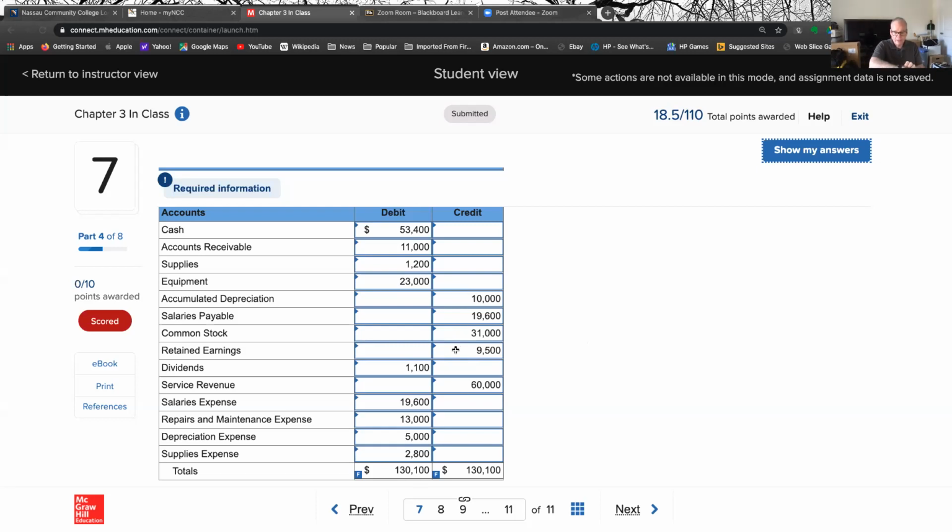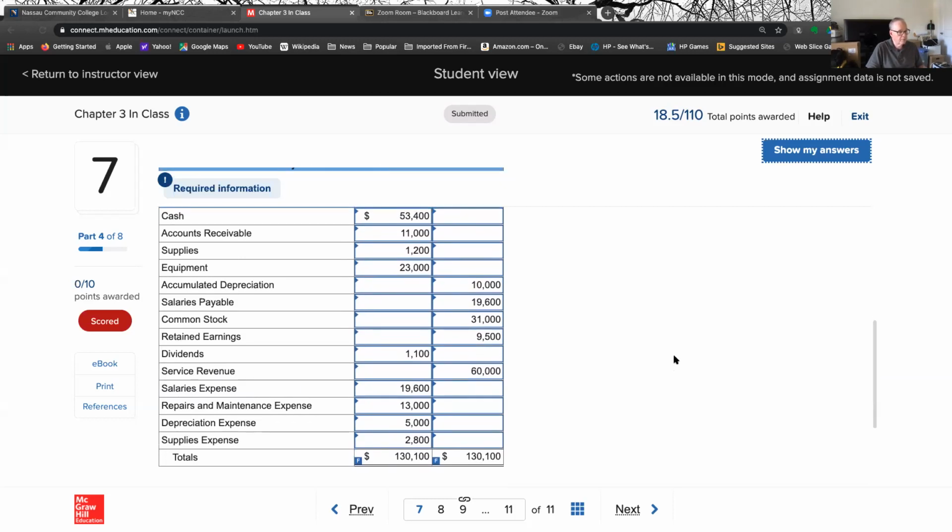Right, so now the next thing they want us to do after doing the adjusted trial balance is to prepare the income statement and balance sheet. Income statement. See that, and that's a nice thing about the trial balance because it puts the accounts in order, right? The balance sheet accounts are on the top and the income statement accounts are on the bottom. So to do an income statement, here's your revenue, right?